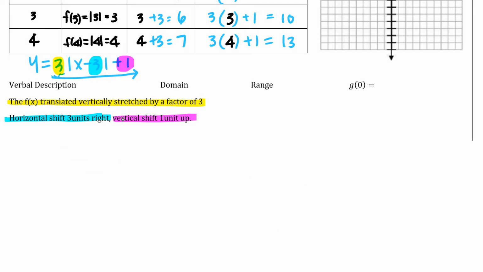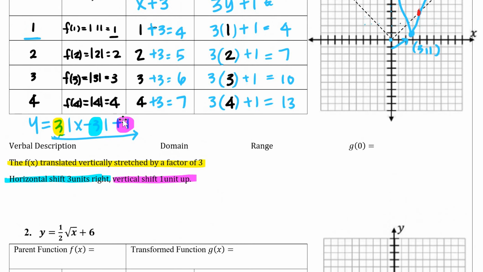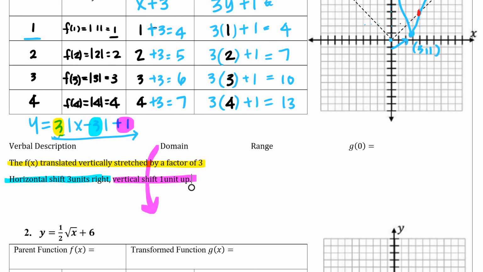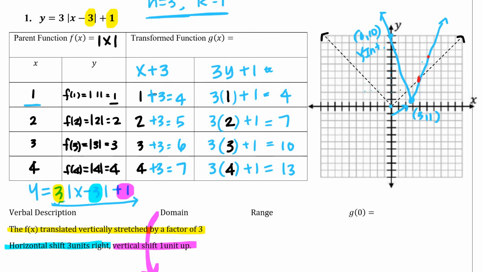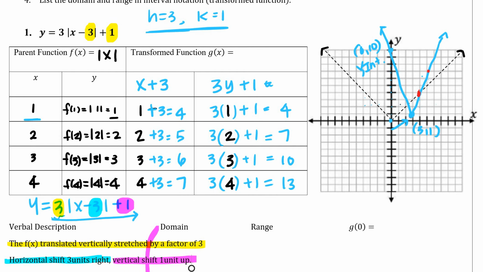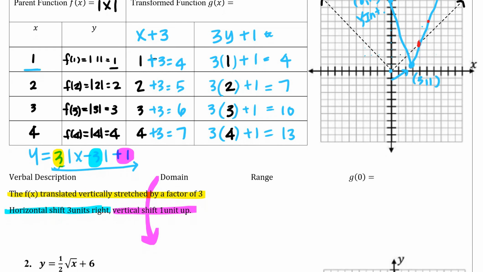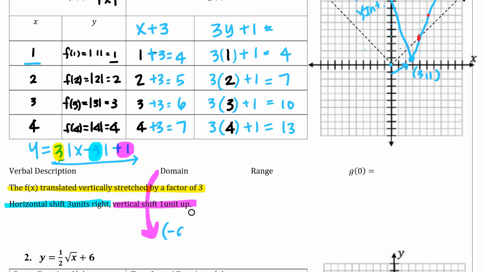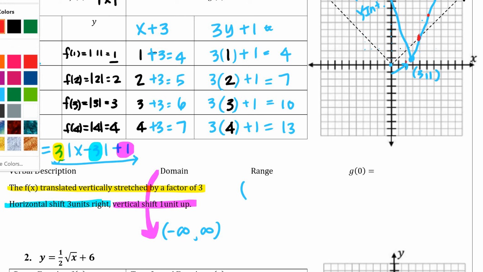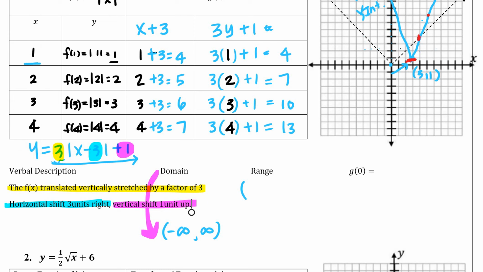All right, let's look at the domain. The domain of the new function is forever in both directions, so the domain is negative infinity to infinity. My range: the smallest value is 1, and then it goes to forever.